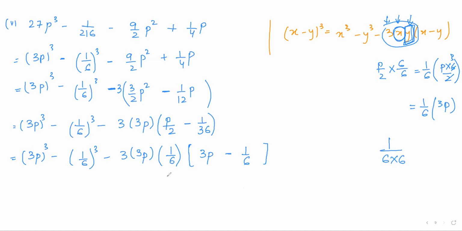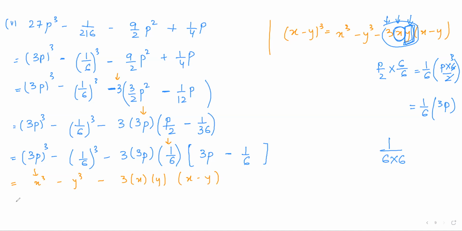Zainab, I hope this is clear. So one by one, take common, otherwise there are chances of mistake. So in the first step, I have taken my 3 common, right? Then my next term, and then my next term. So one by one I'm taking common. So now this is nothing, this is like x cube minus y cube minus 3 into x into y, and inside you have x minus y.